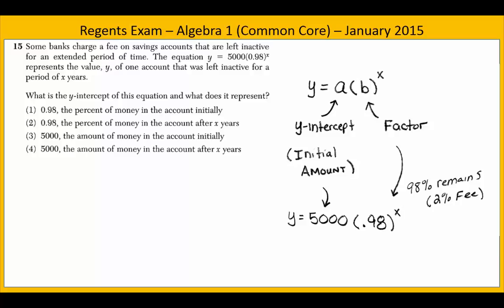Remember, 0.98 means that 98% of the money remains and 2% is taken away every year. The y-intercept is 5,000. What does it represent? The amount of money in the bank initially. And so go through the choices carefully, and we see that choice 3 is the amount of money in the bank initially, the y-intercept, $5,000.